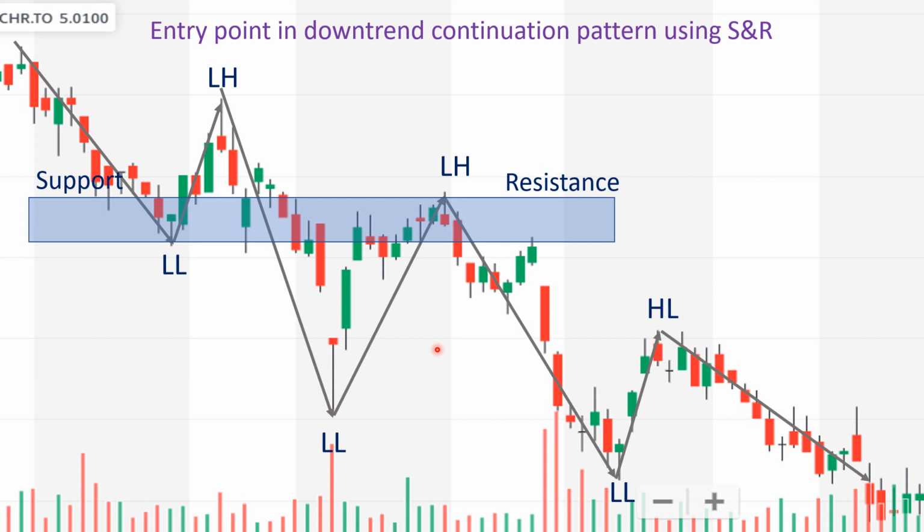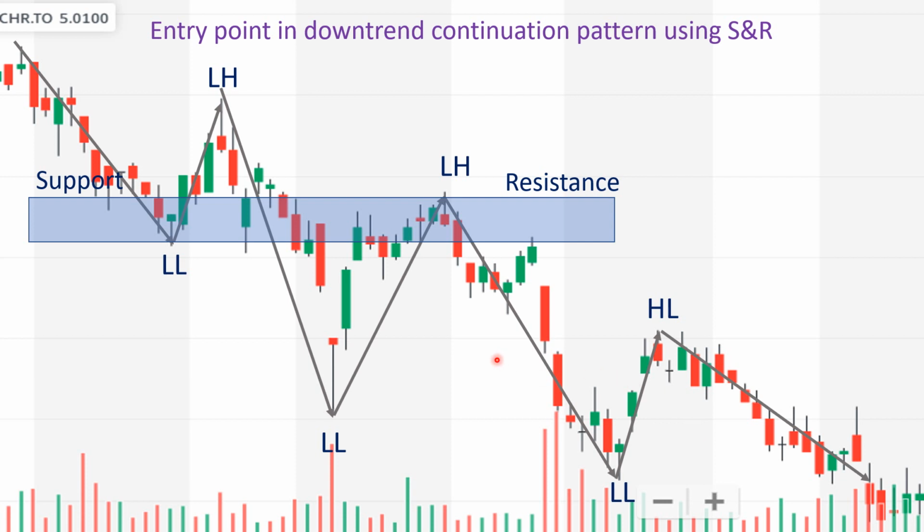We see the price coming down, hitting the support and bouncing back. Again, the price comes down and the pullback goes up and hits the resistance area and bounces back. Here is where we can find a selling opportunity in a downtrend continuation pattern.